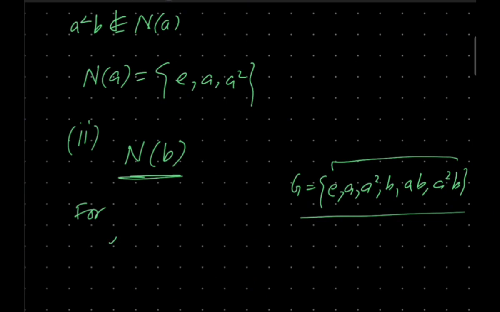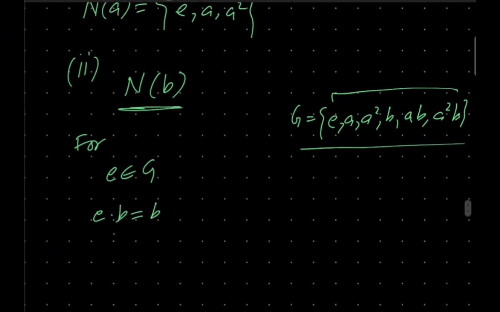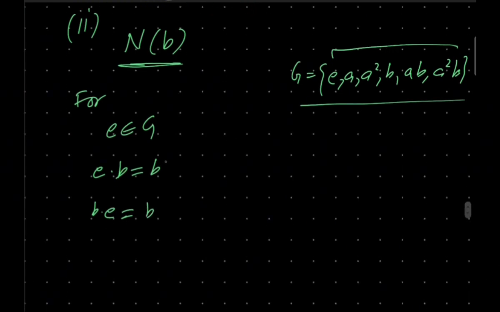For E belongs to G, we will check whether E is permutable with B or not. You know, E times B is the same as B. Also, B times E is the same as B. Both answers are equal.